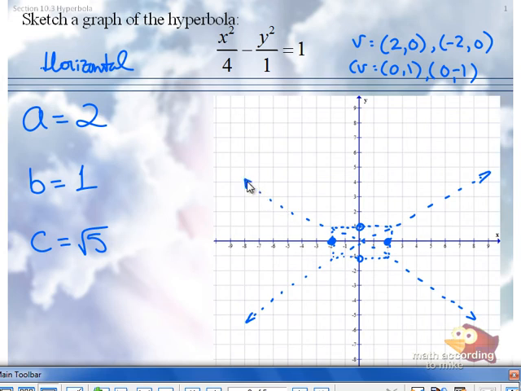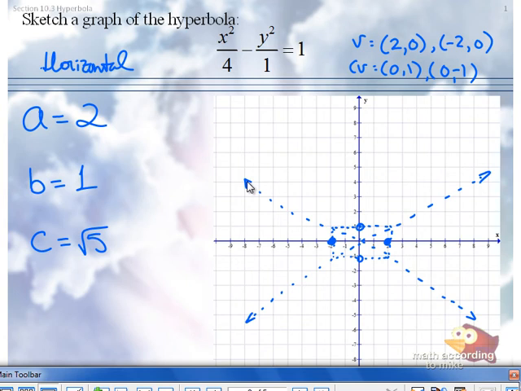These asymptotes have equations. Notice the y-intercept for all the asymptotes in this picture is 0. So instead of y equals mx plus b, we're just dealing with something of the form y equals mx.